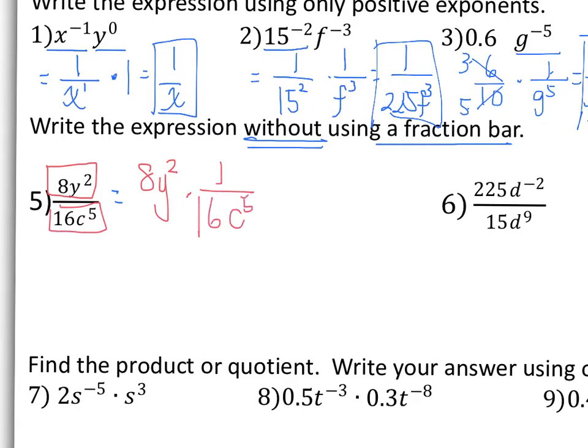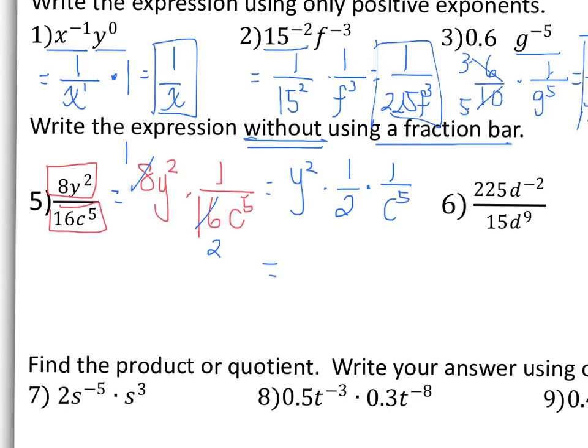Okay? And I skipped one step. I noticed that I can simplify 8 and 16. So I'm going to write this out. Times 1 over 2 times 1 over c to the 5th power.